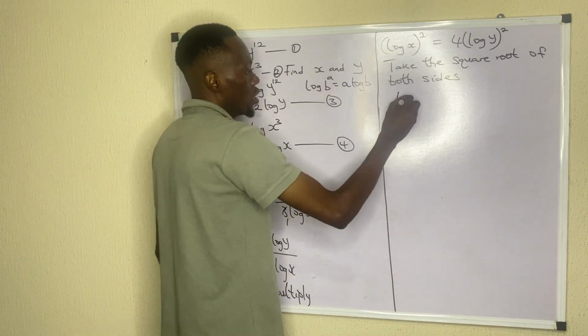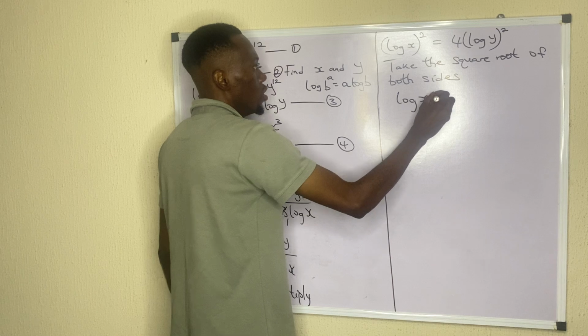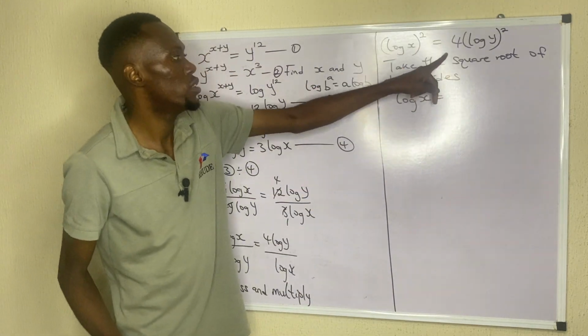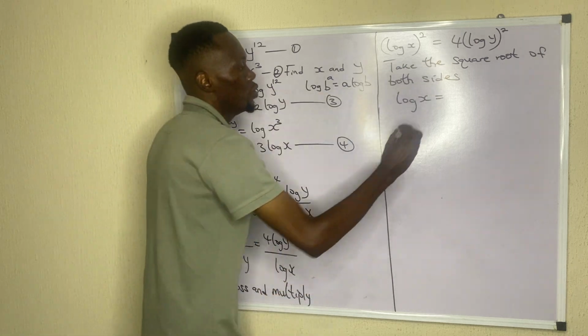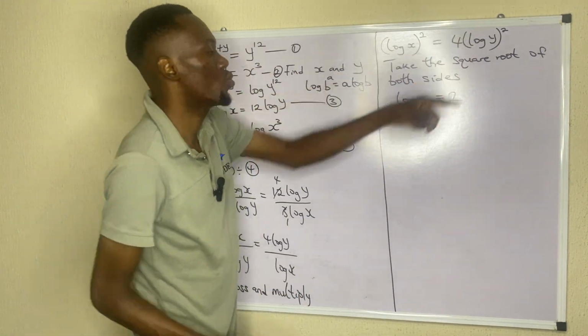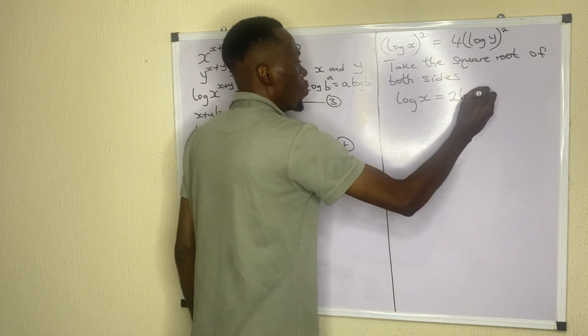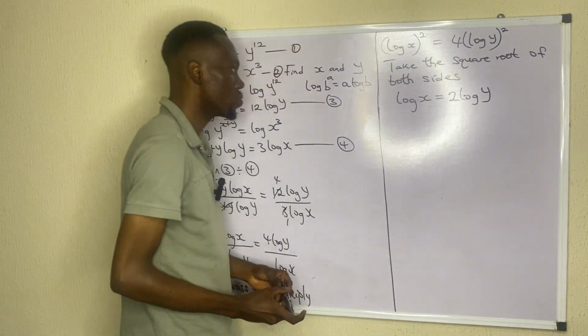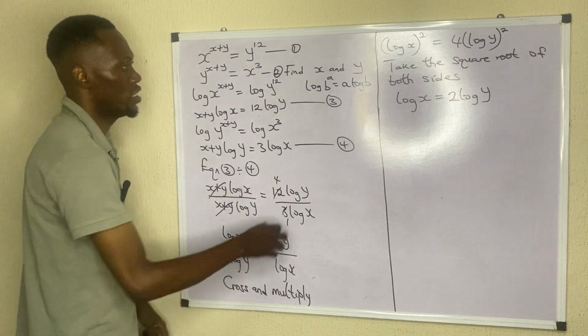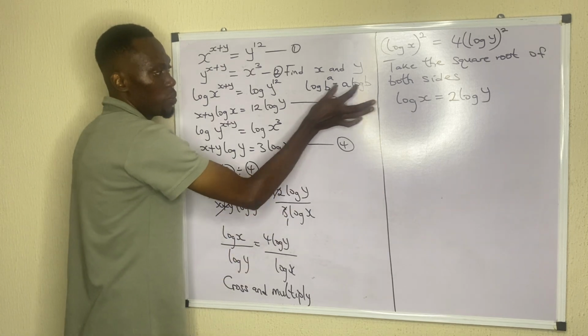I'll be left with log x, which is equals to, if I take the square root of the right hand side, square root of 4 will give me 2, and square root of log y all squared will give me log y. Okay, if you take a look at the right hand side, I can still convert this back.